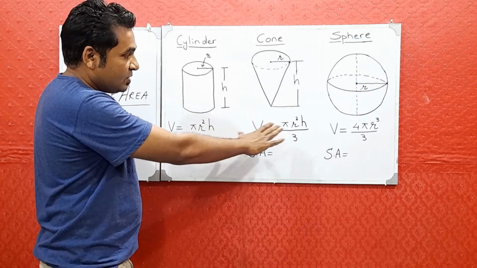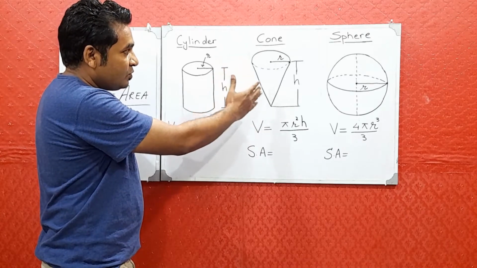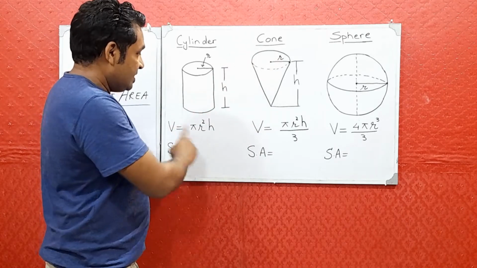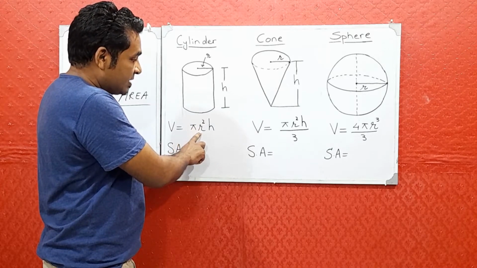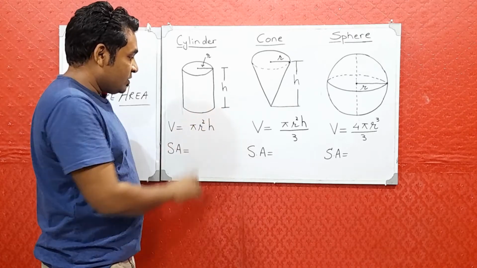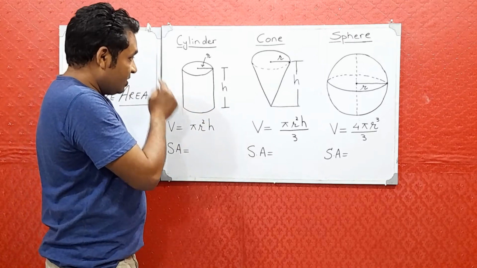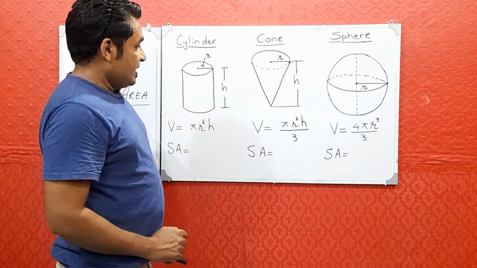I have written the formula for the volume of cylinder, cone and sphere, and they all have two things, pi and r, in one form or the other. So the volume of this cylinder is pi r square h.